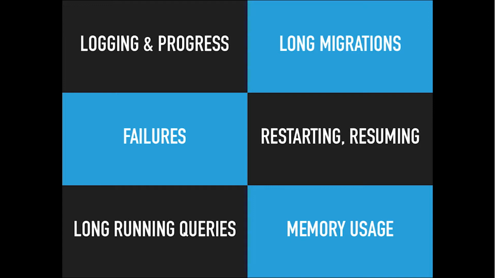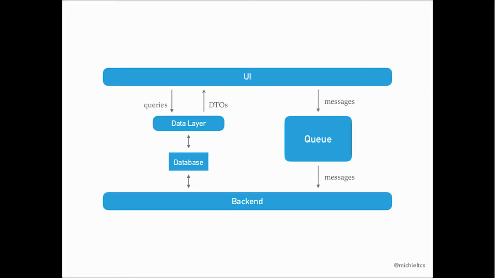Okay, I now want to touch upon two alternatives to doing migrations like I stipulated earlier. And one of those is using a queue. And that is something you see more often, something like this. We have a UI at the top which talks to the backend through a queue.